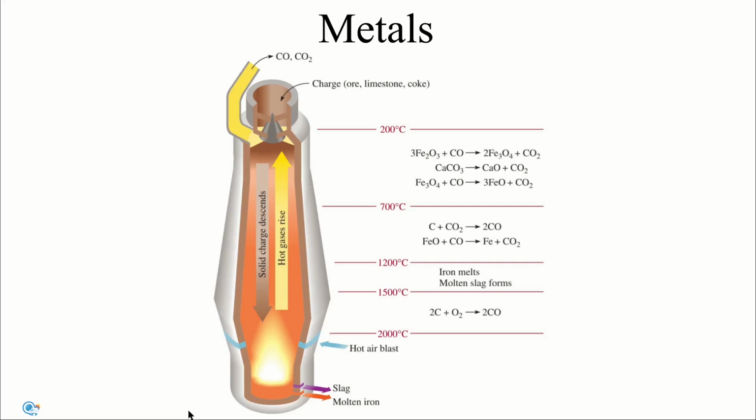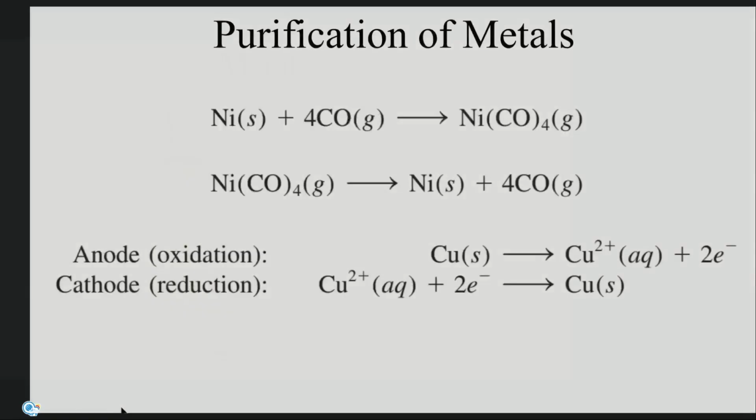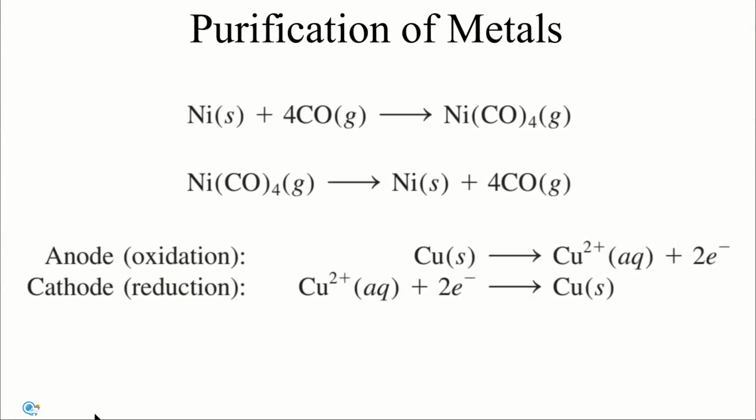For this reason, it is also called cast iron. Metals prepared by reduction usually need further treatment to remove impurities. The extent of purification, of course, depends on how the metal will be used. Three common purification procedures are distillation, electrolysis, and zone refining.